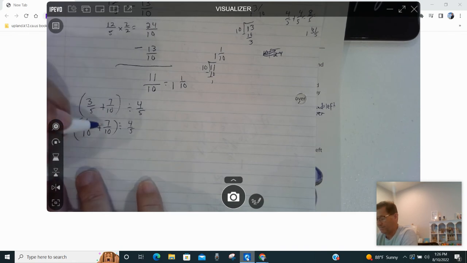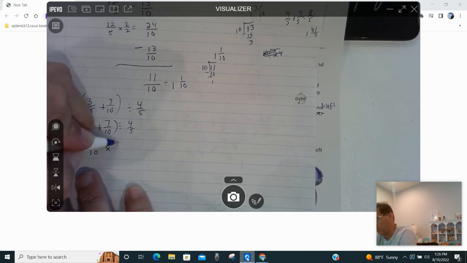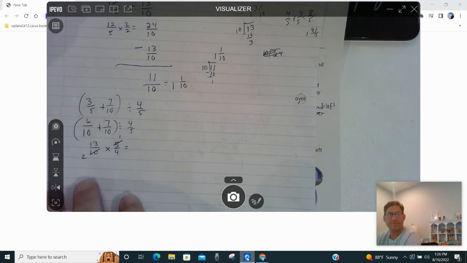So 6/10 plus 7/10 is 13/10. We're going to multiply that by the reciprocal of 4/5. You can simplify 5 and 10 by dividing by 5.